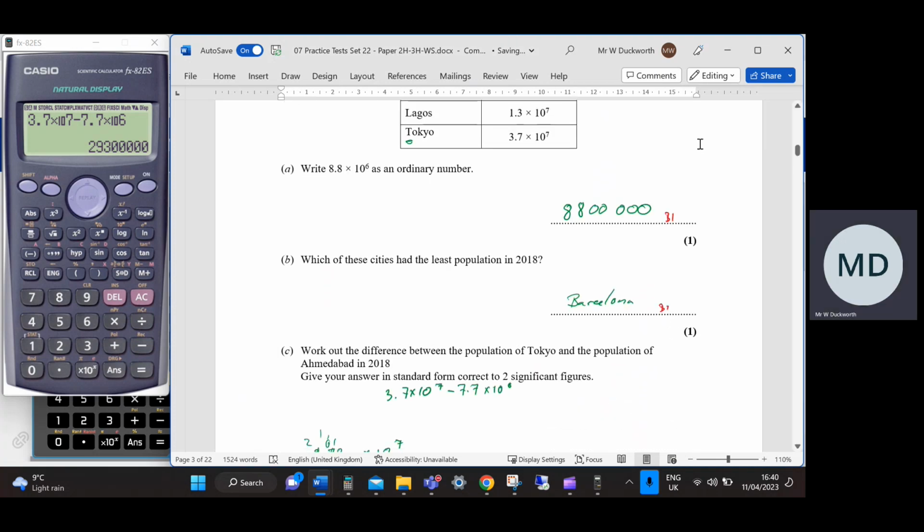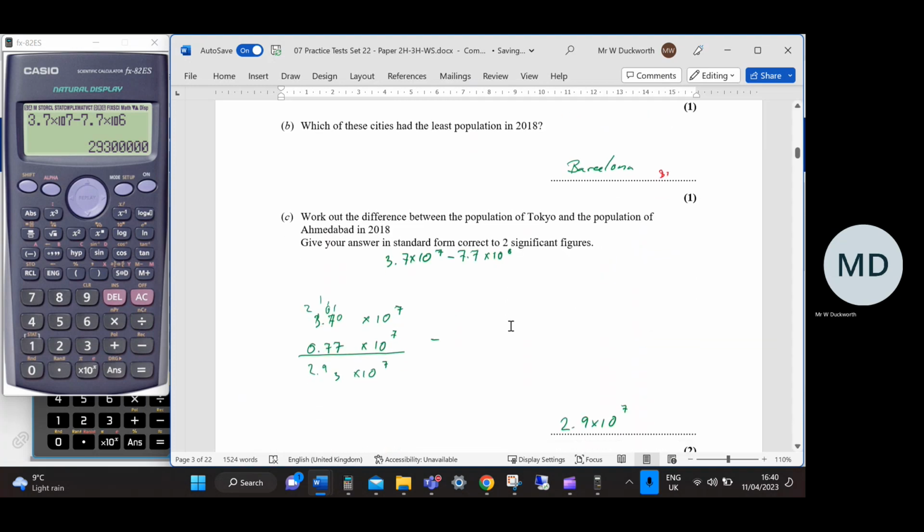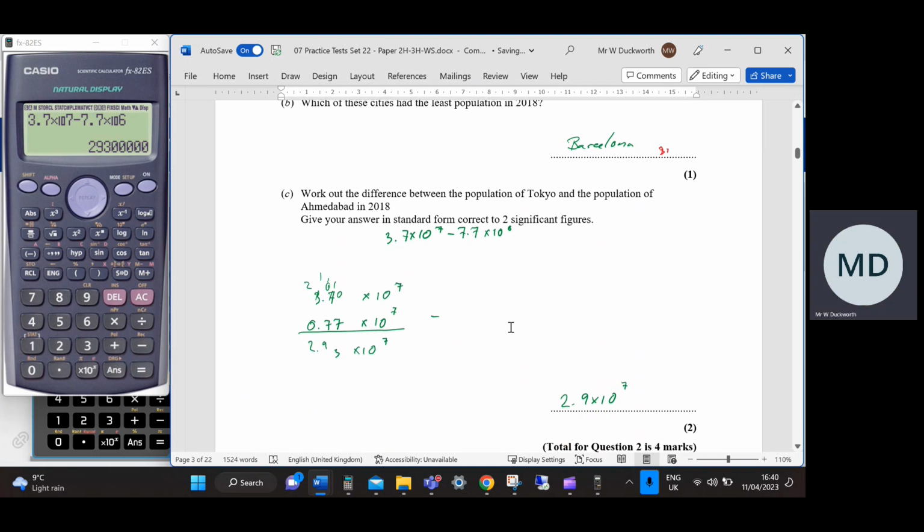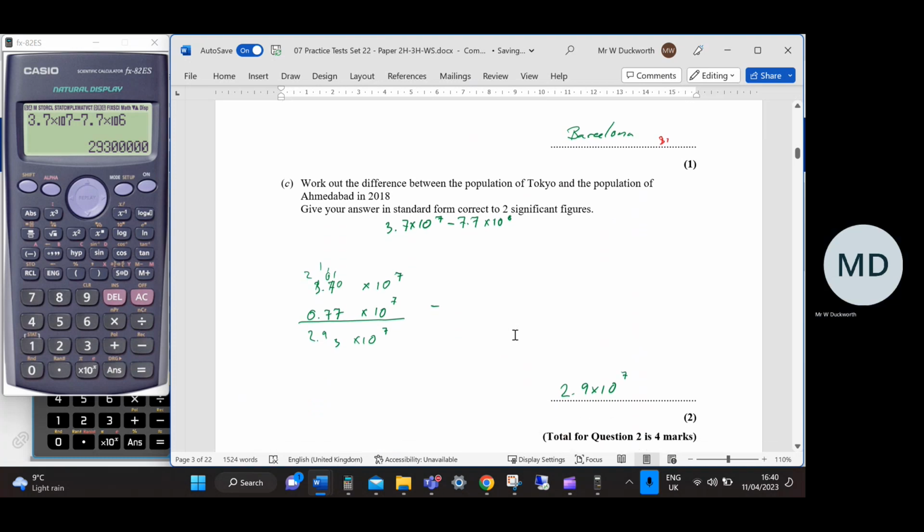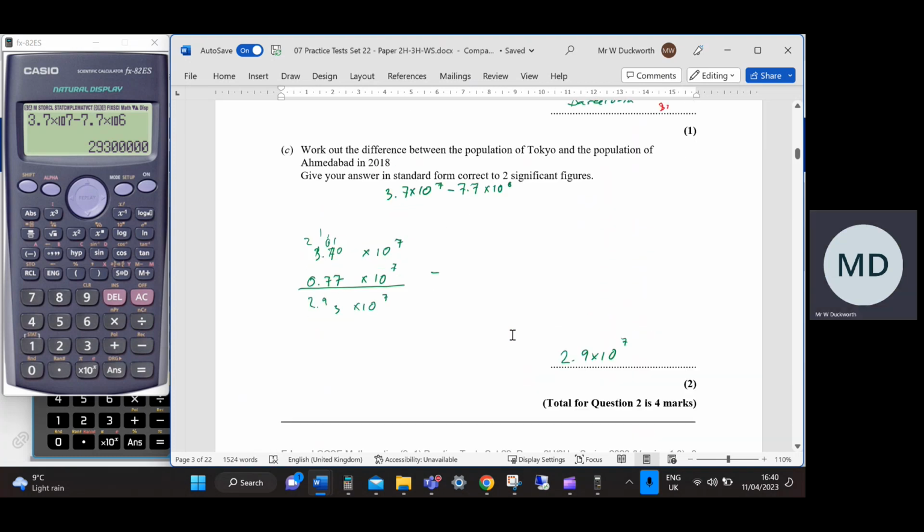And then finally, M1 for, okay. So what the mark scheme actually says is M1, allow 2.9 times 10 to the n, where n is a number other than 7, which doesn't seem to be a method mark.